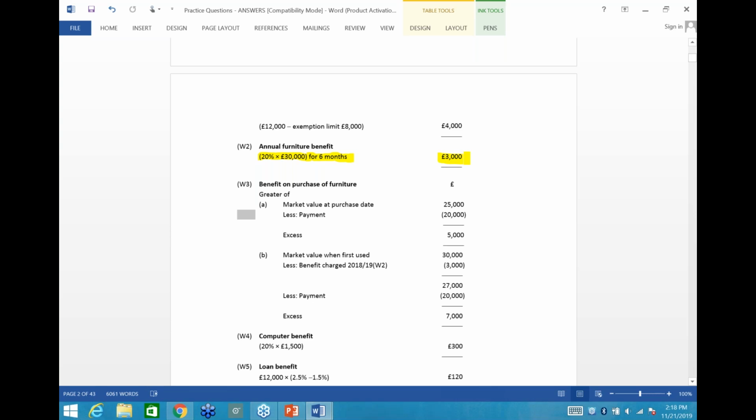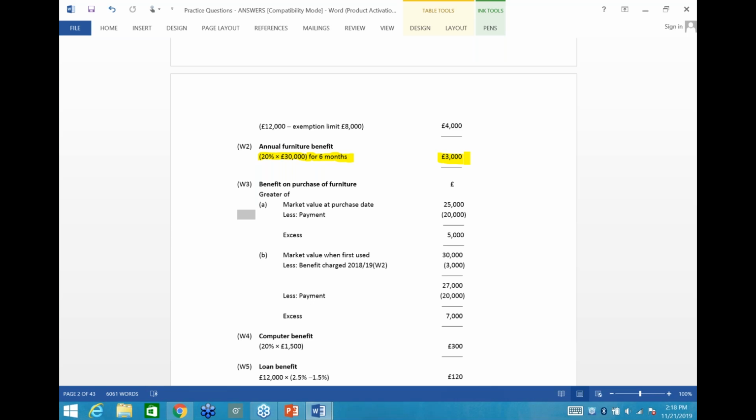Now, if I may repeat the adjustment, the house was furnished when I occupied the premises, that is on the 6th of April 2018. The property was already furnished by my employer at a cost of 30,000 pounds.